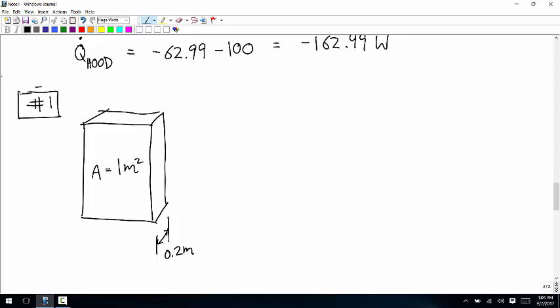The coefficient of conductivity, that's kappa, is equal to 0.5 watts per meter Kelvin.